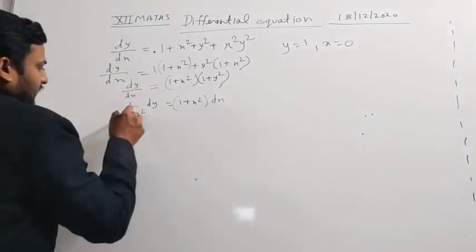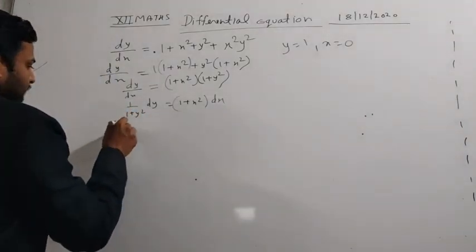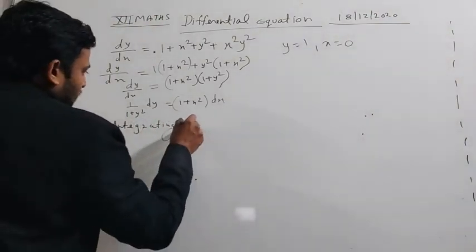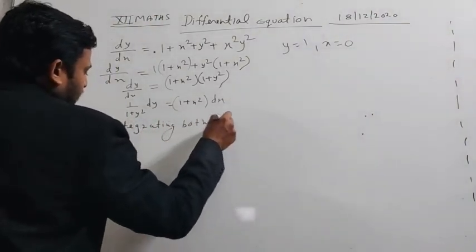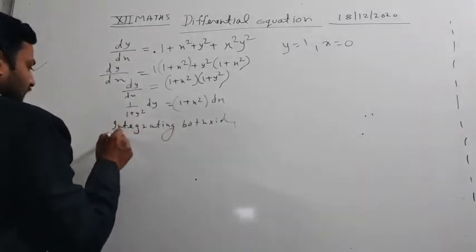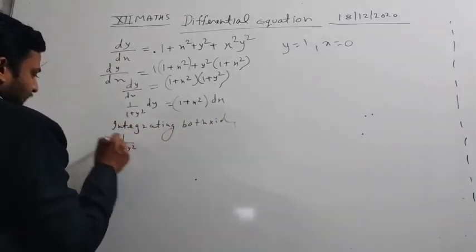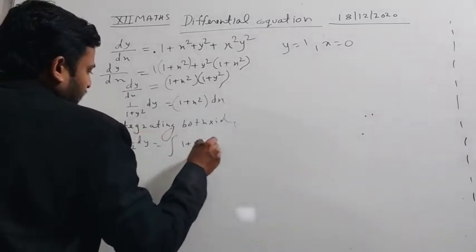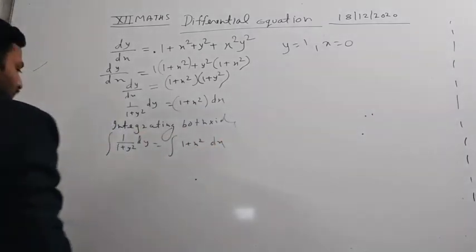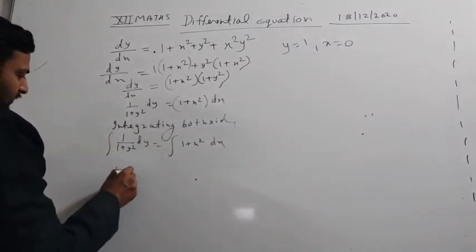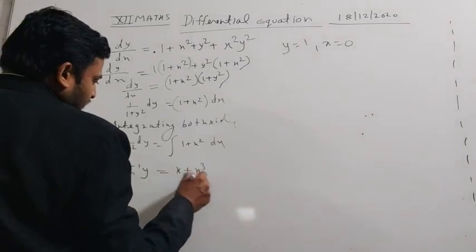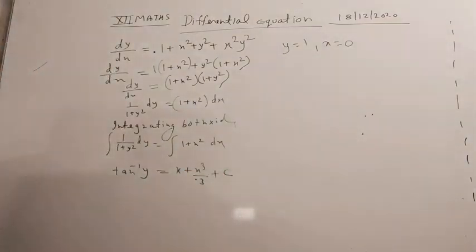Student, now integrating both sides, we take the integration sign of dy by 1 plus y square and 1 plus x square dx. Now we write this is tan inverse y and this is x plus x cubed by 3 plus c.